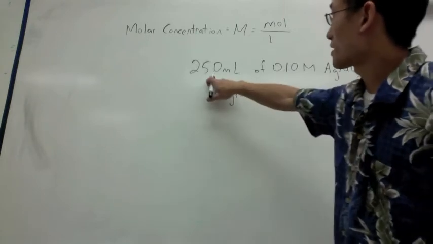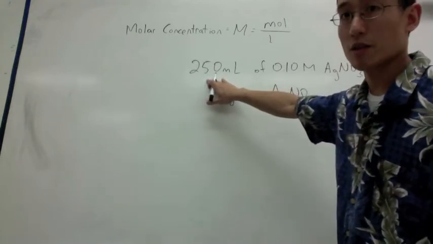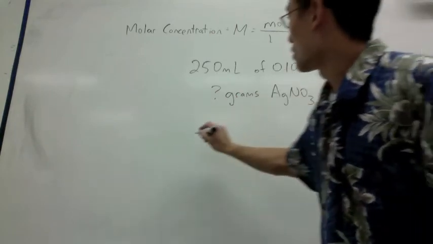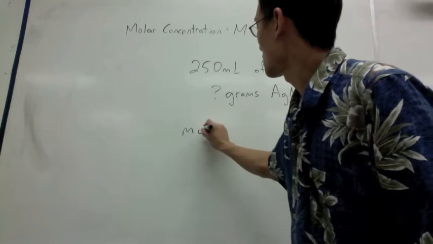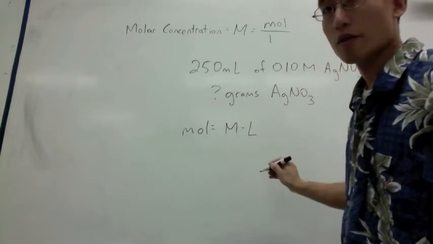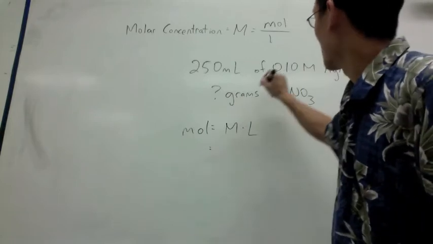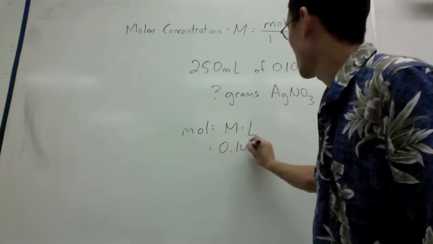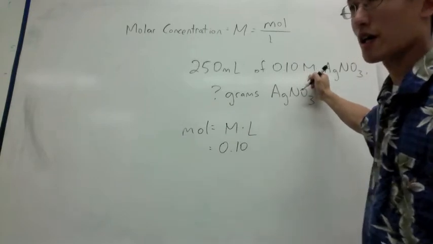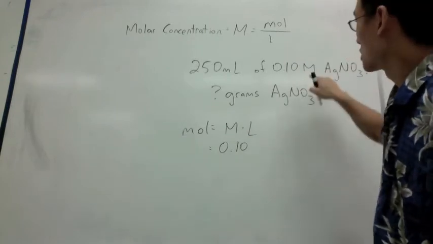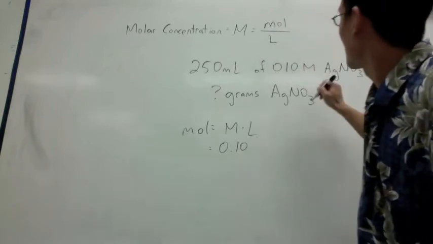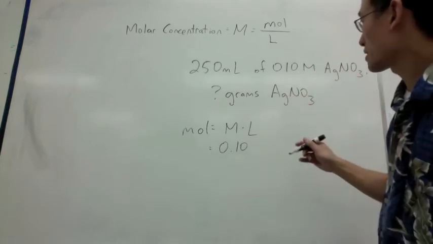So I'm going to take this volume here, and this has to be in liters, so we're just going to divide by 1,000. And remember, moles is just the molarity times the volume of a solution. Whenever I have the molarity unit, I typically like to change that to moles per liter, because that helps me to see how the units cancel out.